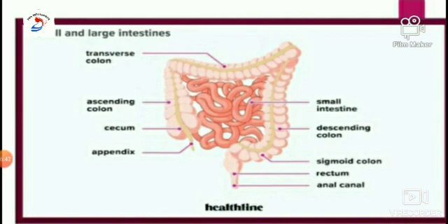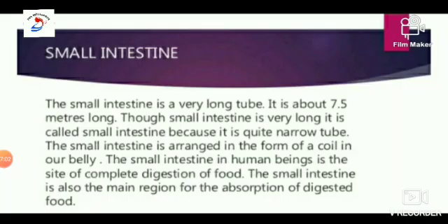The small intestine is highly coiled and measures about 7.5 meters long. It receives secretions from the liver and pancreas. Besides, its wall also secretes juices.